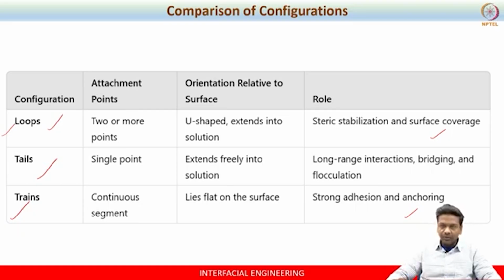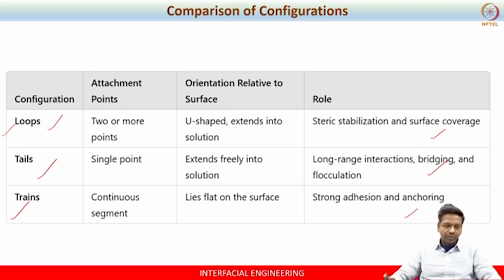In such a scenario, you expect bridging or bridging flocculation, because this tail can again get anchored onto the surface of a neighboring particle or neighboring surface.